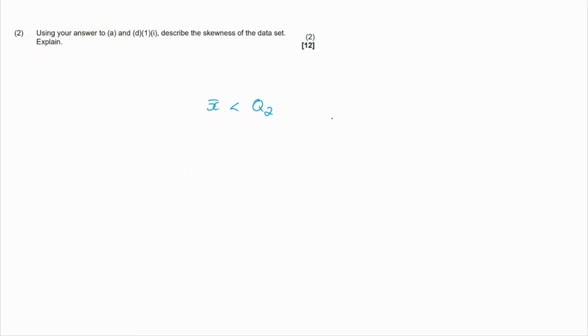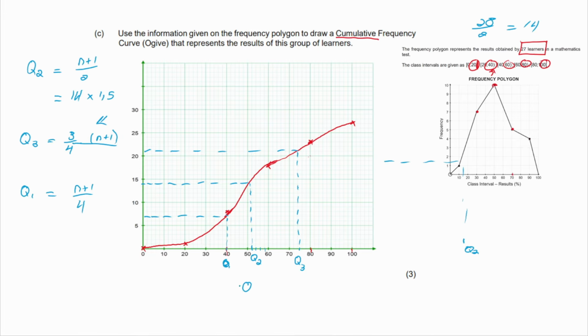So I would get a negative skew. I would say negatively skewed, but I see the memo doesn't allow that, which is interesting. They get that the mean is to the right of the median. But what I think is, here we got the median to be 52.